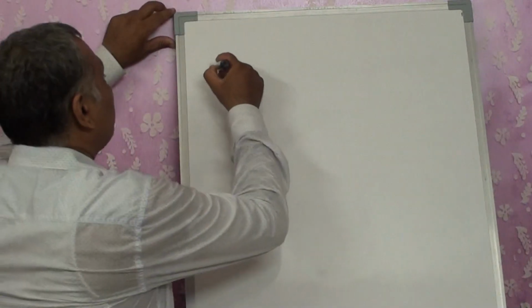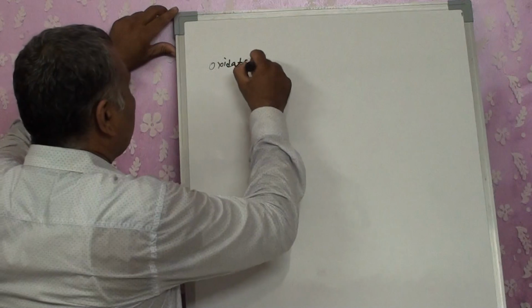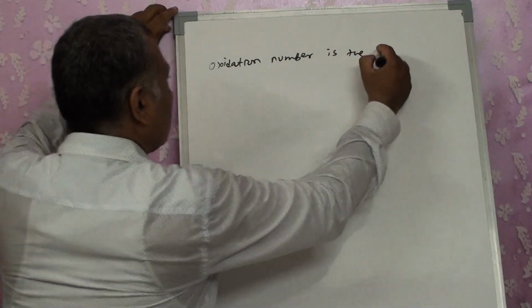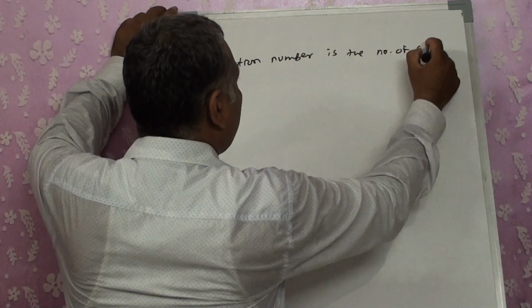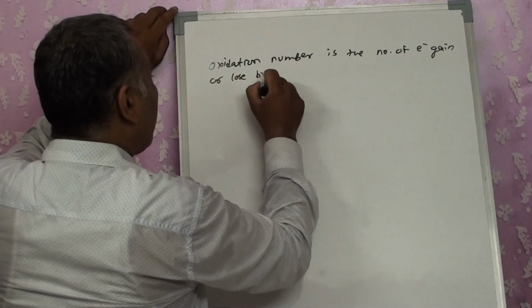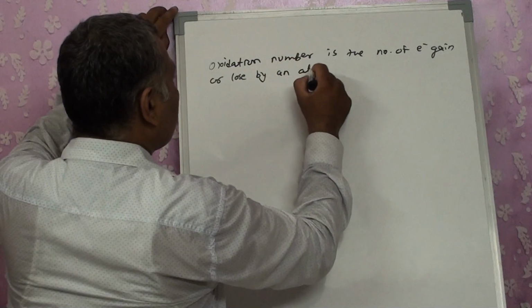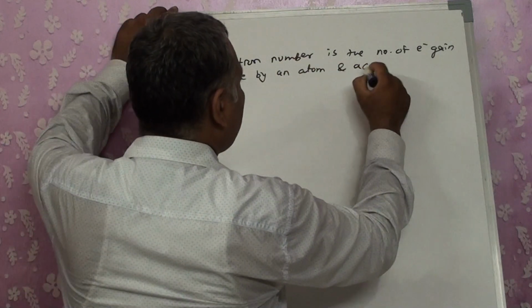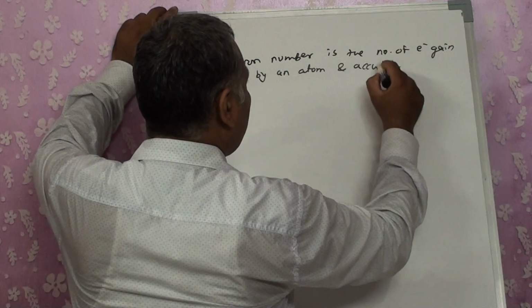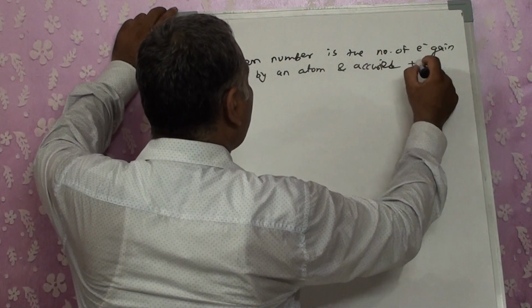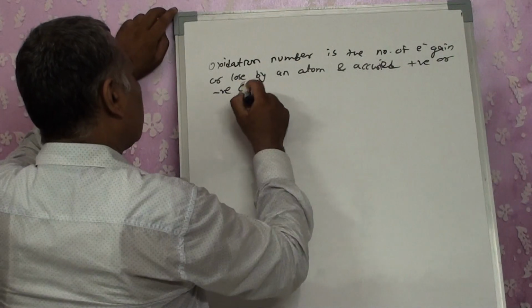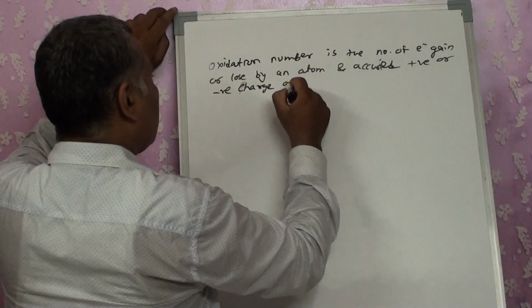So the oxidation number is the number of electrons gained or lost by an atom and the positive or negative charge acquired on them.